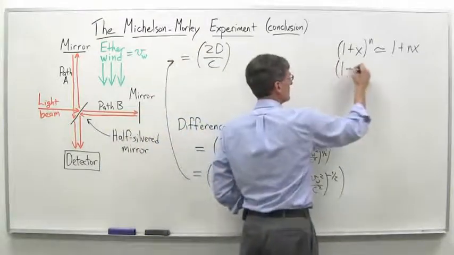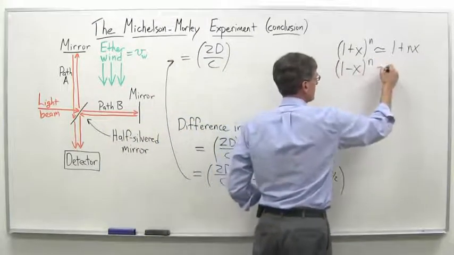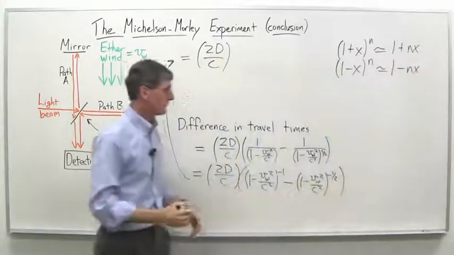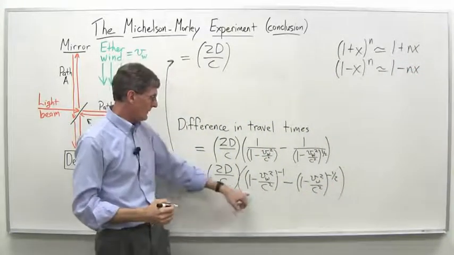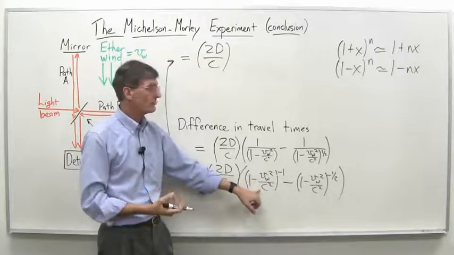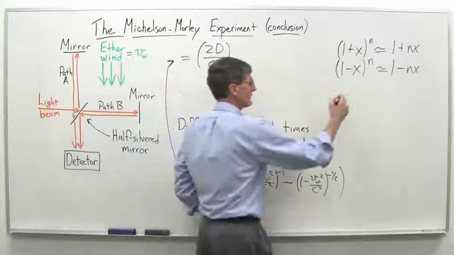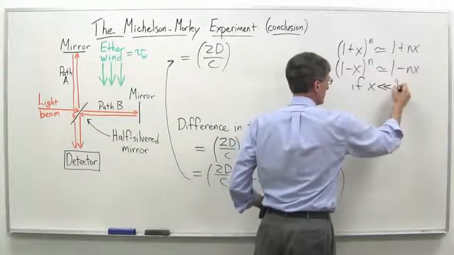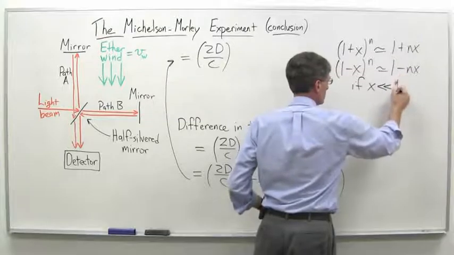So 1 minus x to the n is approximately equal to 1 minus nx, where n can be positive or negative. Well, is this thing much less than 1? This is only valid if x is much less than 1.